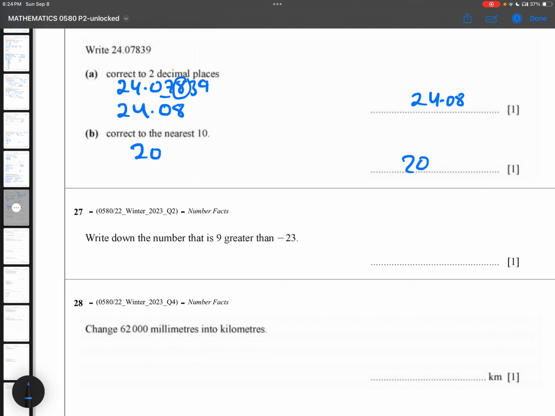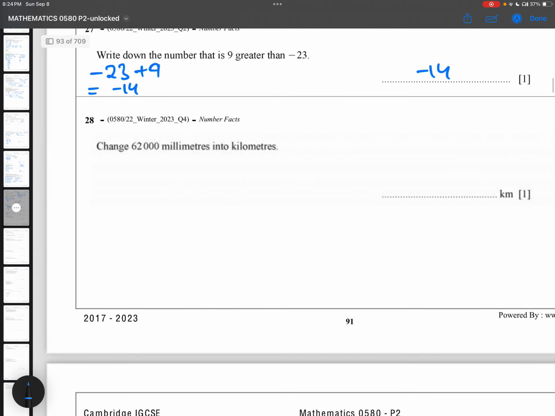On question number 27, we have to write down the number that is 9 greater than minus 23. So it means we have to add 9 to minus 23. This is equal to minus 14. So this is our answer. Next question, we have to change 62,000 millimeters into kilometers.